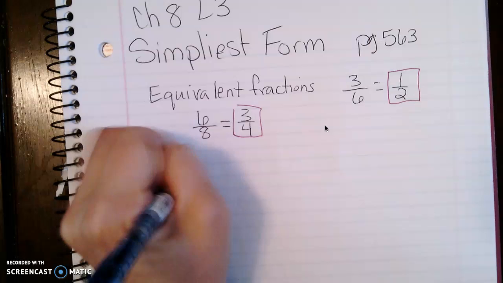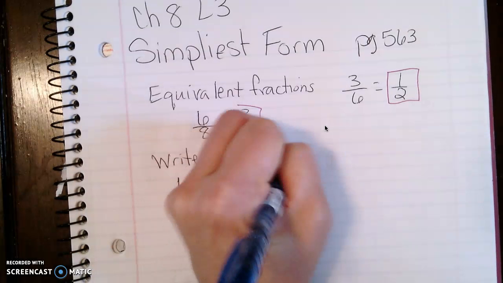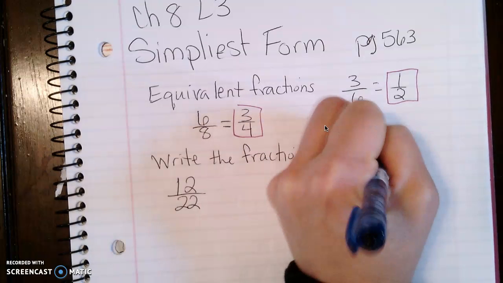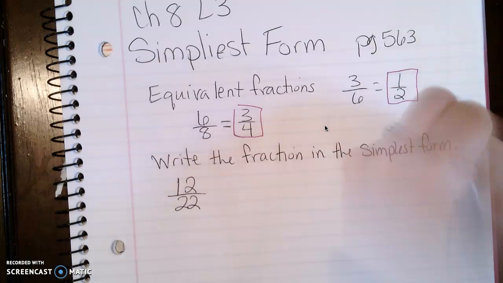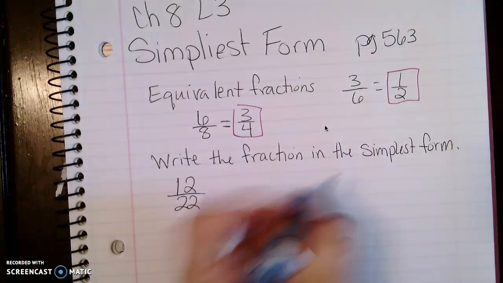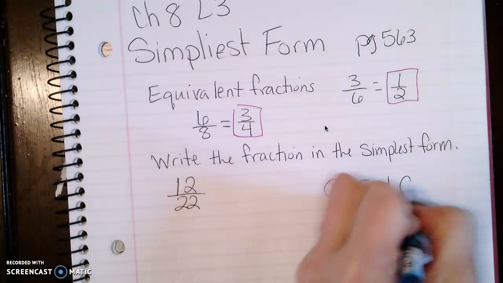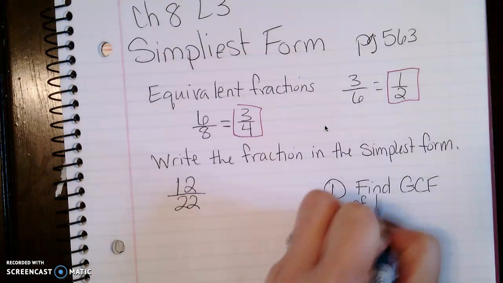So it says write the fraction in the simplest form. Right, that's the direction, is write it in simplest form. So what I have to do to do this is step 1, I need to find the greatest common factor of 12 and 22.